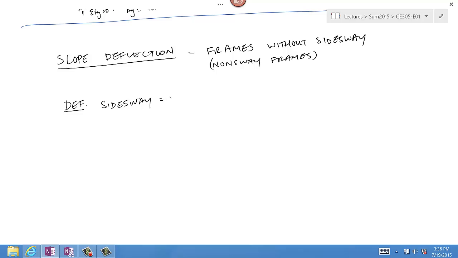Put simply, it's just the lateral deflection at the floor level. So floor level could be where the beams are acting. Okay? So how do we distinguish between a non-sway frame and a sway frame?